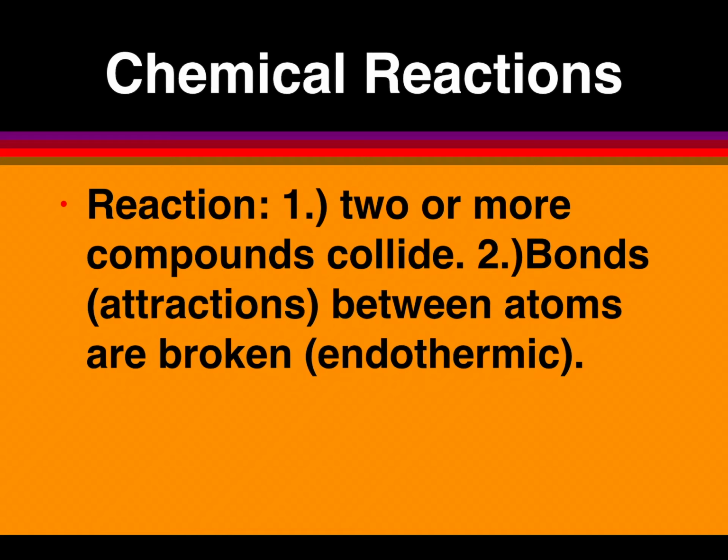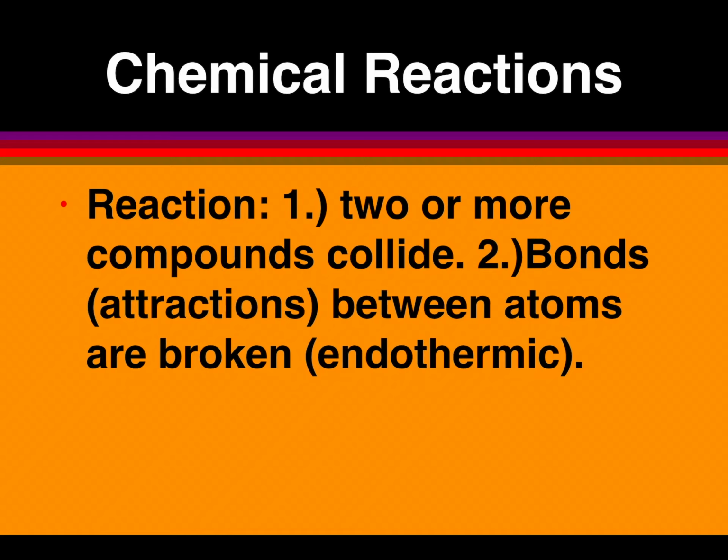In other words, these four things don't necessarily happen in order, but all chemical reactions have these four aspects to them. First of all, we've got to get the reactants to come together. That's what they mean by collide. And bonds between atoms have to be broken.